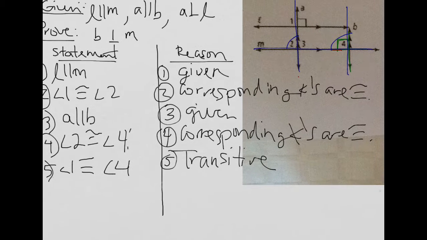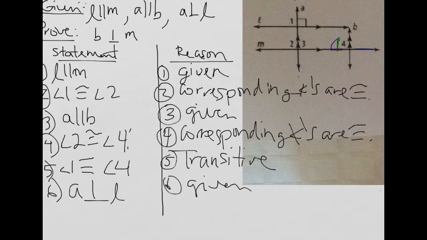Okay, now, let's use the last given. A is perpendicular to L. Given. Okay, let's erase this blue stuff here. Erase everything again. Okay, now let's look at A perpendicular to L. Alright, so looking at that, we know that angle 1 is a right angle because of perpendicular lines.